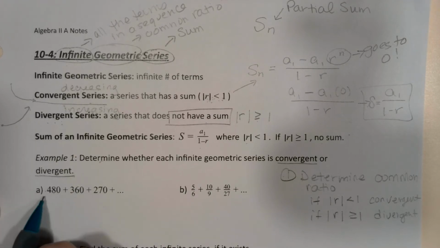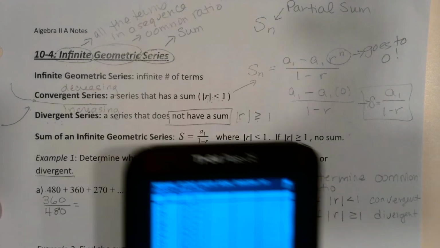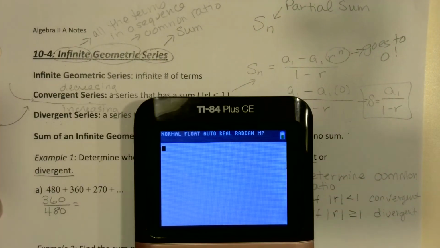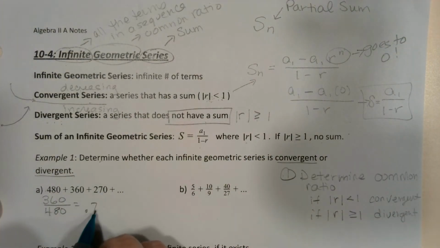So for this one, we're checking for the common ratio. We'll take 360 over 480, and when we do that, we do 360 divided by 480, and we get 0.75. So this is less than 1.